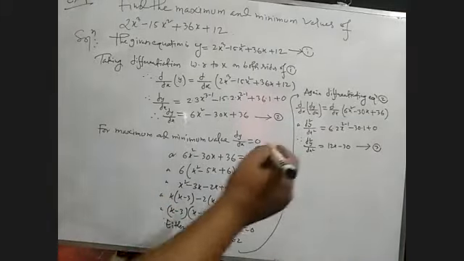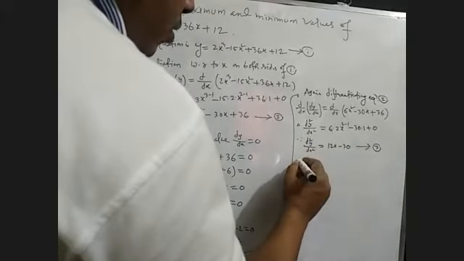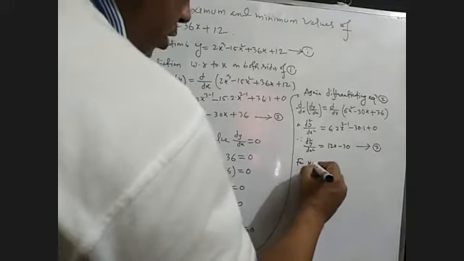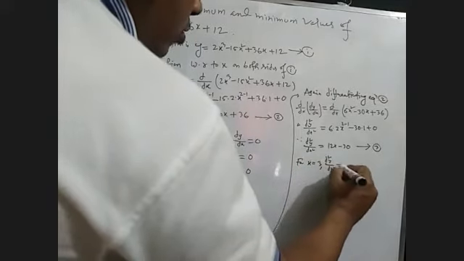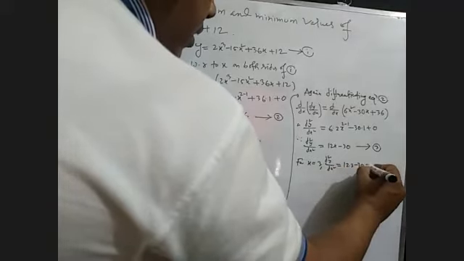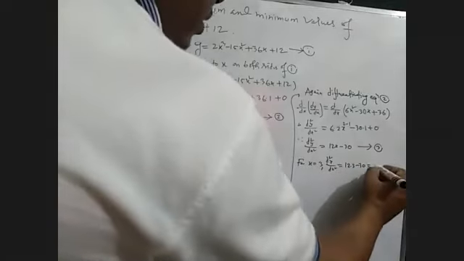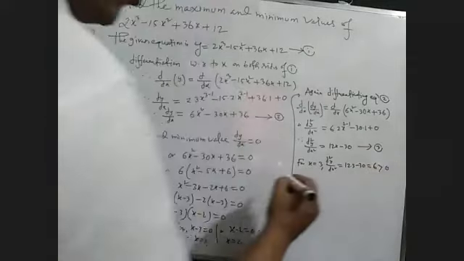I will test. Now for x equals 3, d square y/dx square equals 12 into 3 minus 30. This equals 36 minus 30, that means 6, which is greater than 0, which is positive.